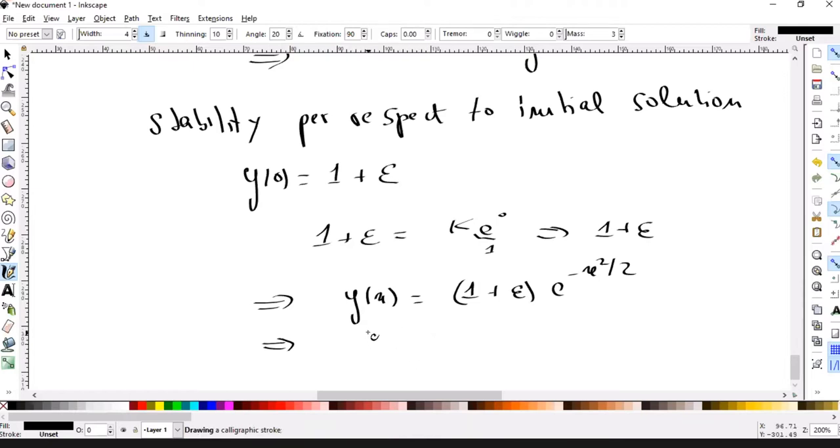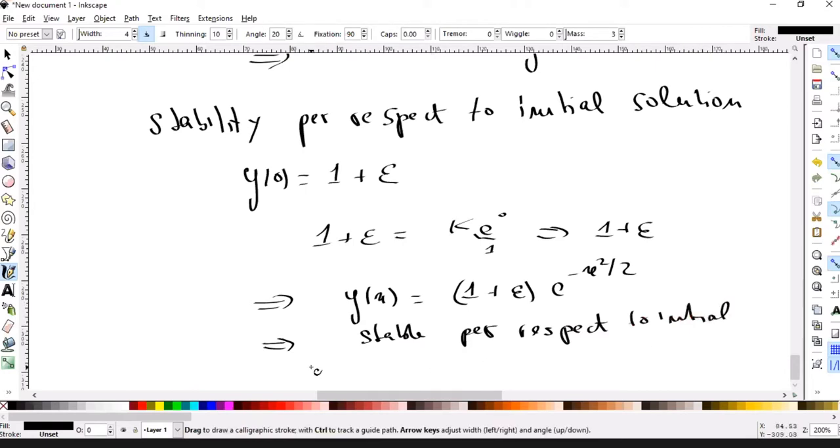So this is very stable with respect to initial solution, because the error, so we had before y of x is exponential minus x squared over 2 plus epsilon exponential minus x squared over 2.